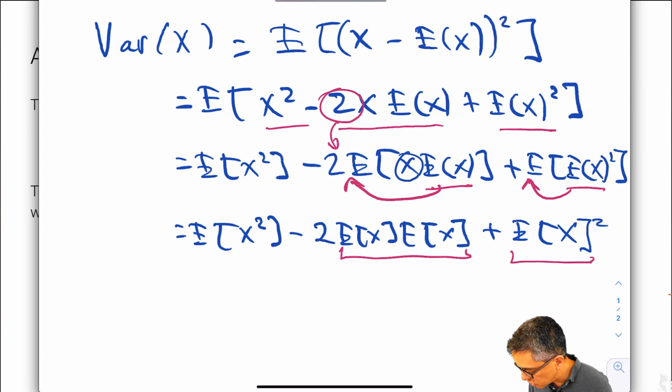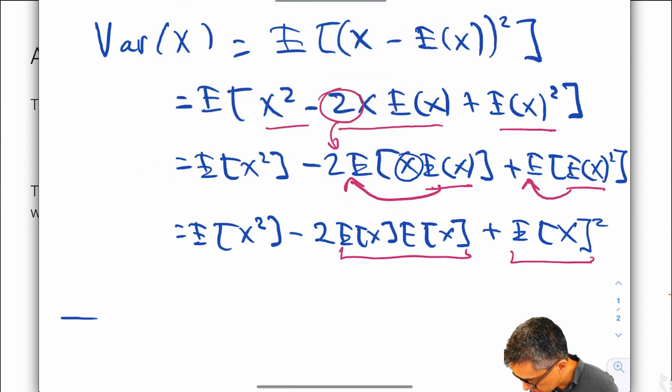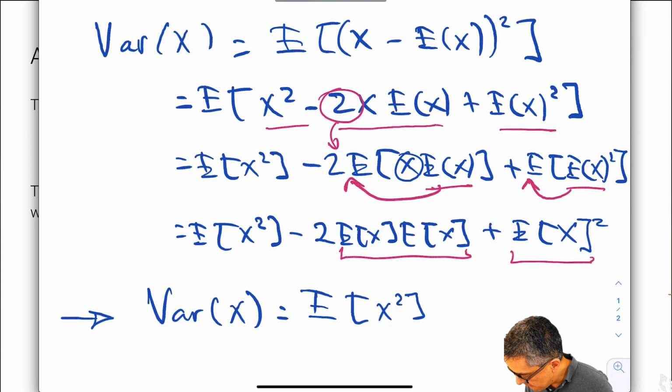So now you'll notice that this right here and this right here are the same thing, because it is the expectation of x, all of that squared, right? So we have expectation of x squared minus twice expectation of x squared plus expectation of x squared, which gives us the final expression we were after: the variance of x is equal to the expectation of x squared minus, because we have 1 positive, 2 negatives, the expectation of x itself squared.